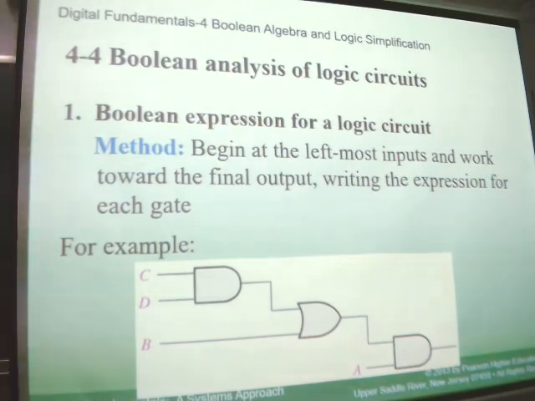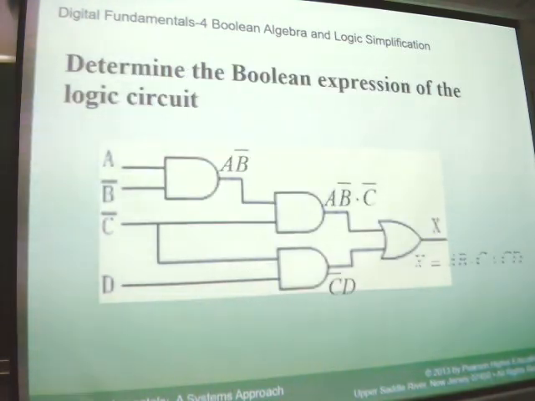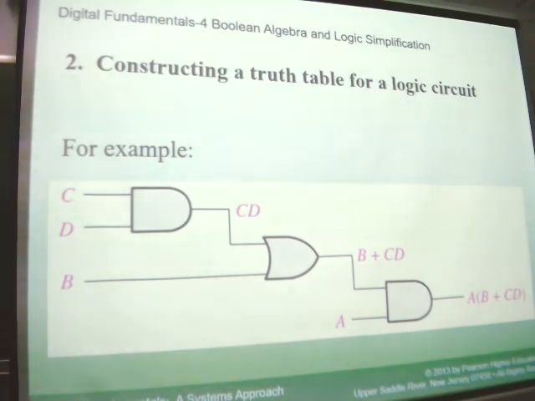The method is to begin at the input, at the leftmost or uppermost input, and work toward the final output, writing the expression for each gate. That is the Boolean expression for a logic circuit. And we can also construct a truth table for a logic circuit.